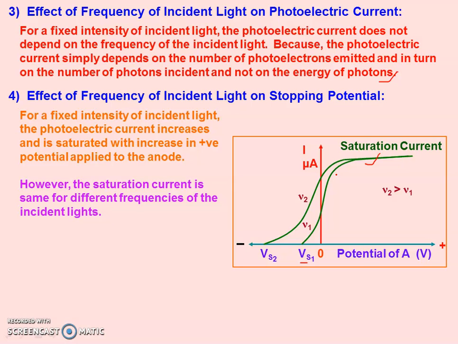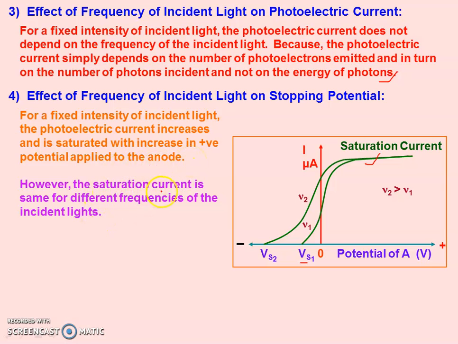And to stop the electron with the higher kinetic energy, we have to apply a higher retarding potential difference between cathode and anode. So for fixed intensity of incident light, the photoelectric current increases and is saturated with increase in positive potential applied to the anode, right?